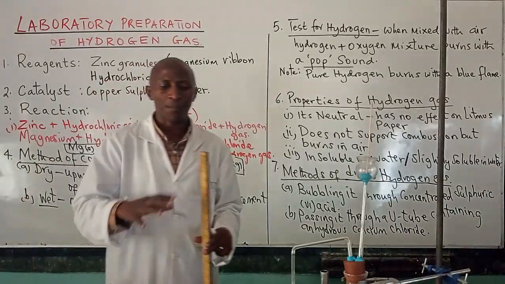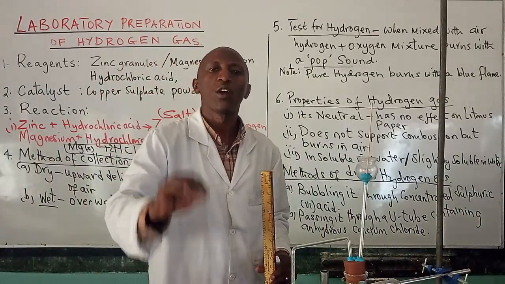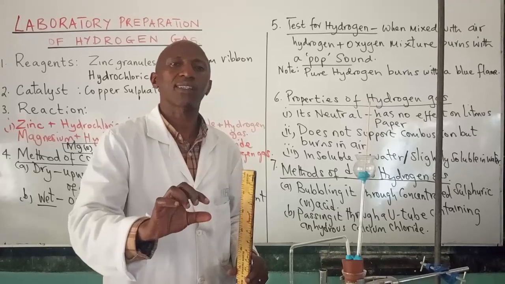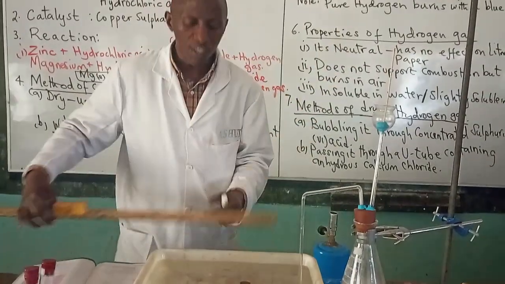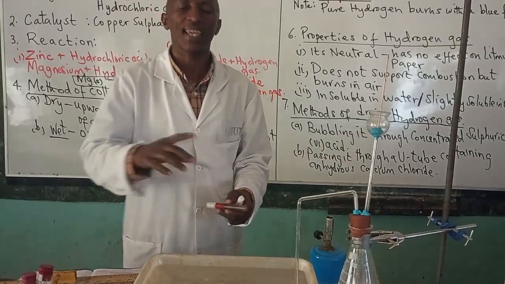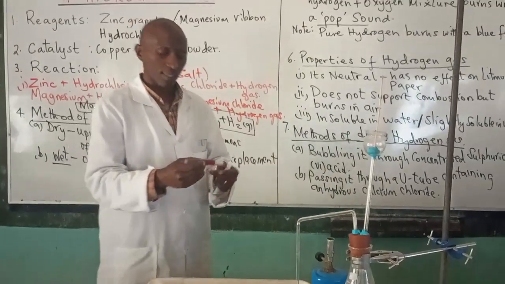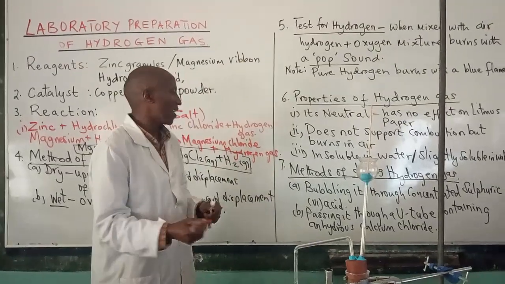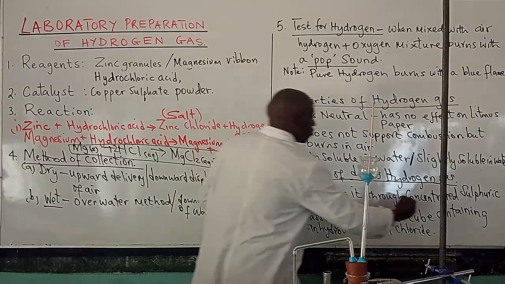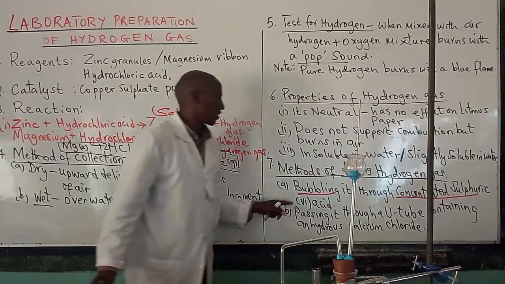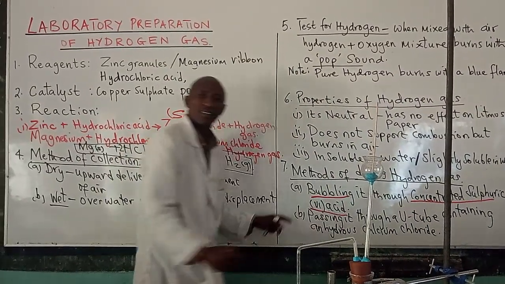Let's look at methods of drying hydrogen. How do we dry hydrogen? In our setup here, we have prepared wet hydrogen. If it were required dry, we would use some drying agents. The drying agents to be used in this case are either we bubble it through concentrated sulfuric acid.